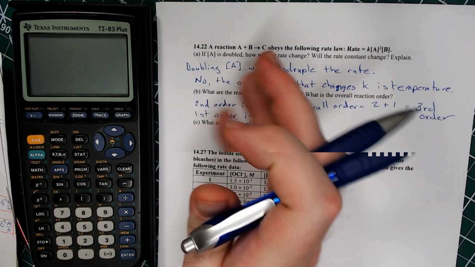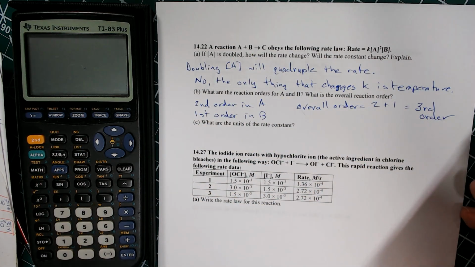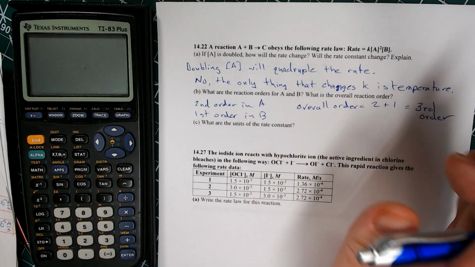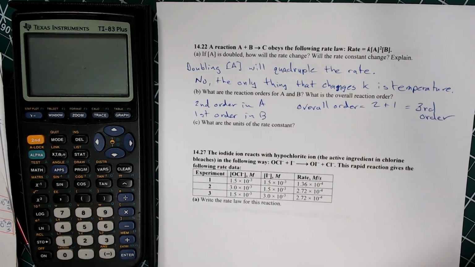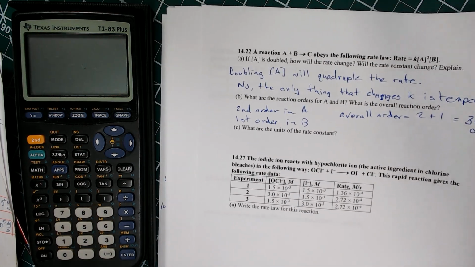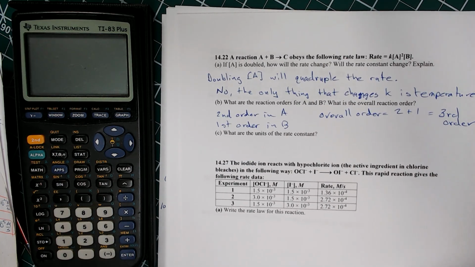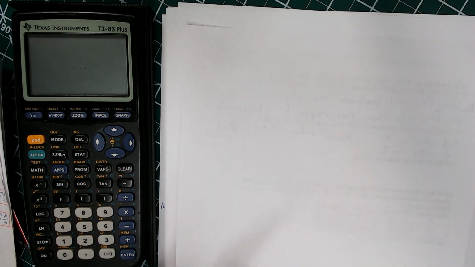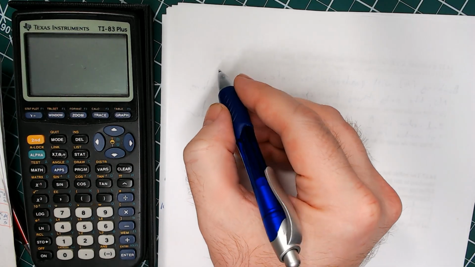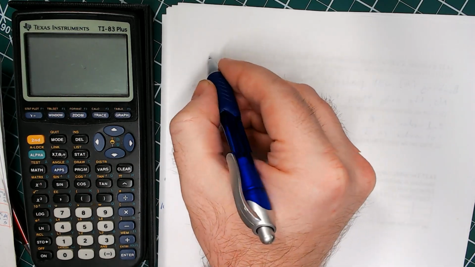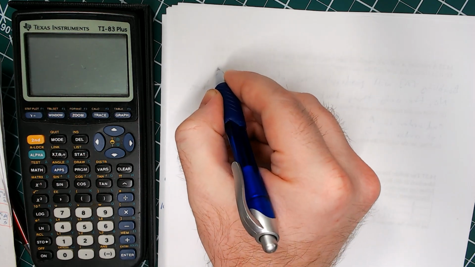And then finally, what are the units of the rate constant? So for this, I'm going to flip over to the back page for just a moment. And when I flip over to the back page, we're going to do a little sketch here, and just a little table.